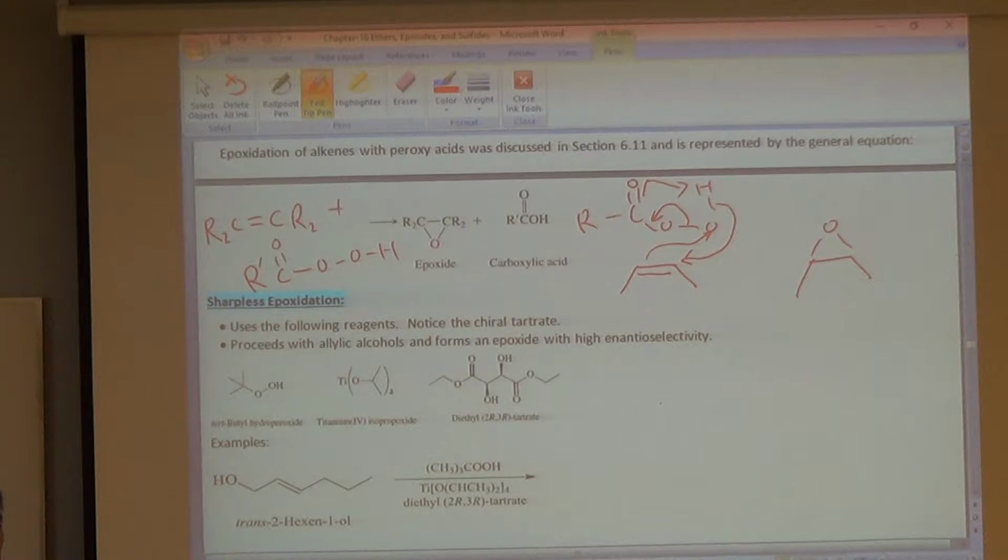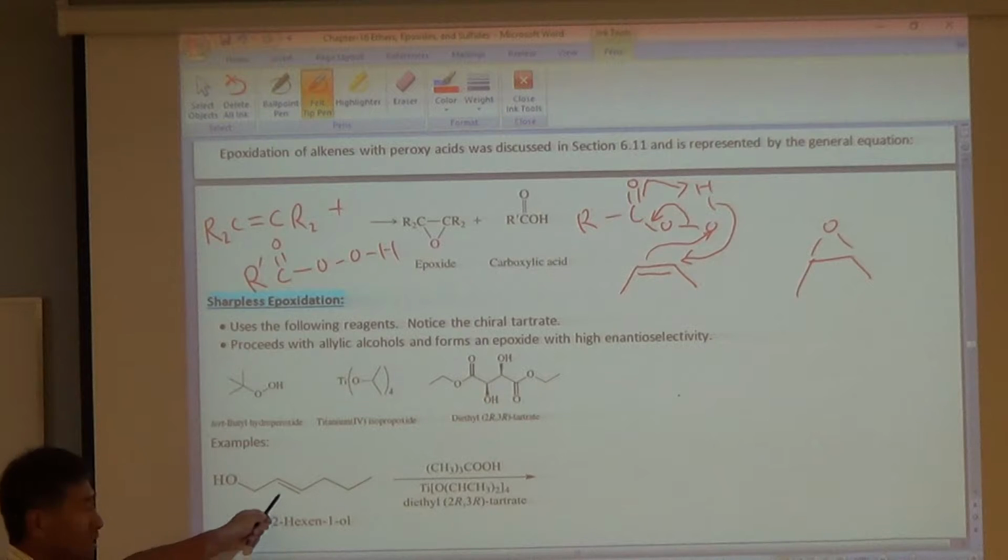Then the Sharpless epoxidation. Sharpless is the name of a scientist who was a professor at MIT. He developed a very useful approach to synthesize some of those epoxides from allylic alcohol.